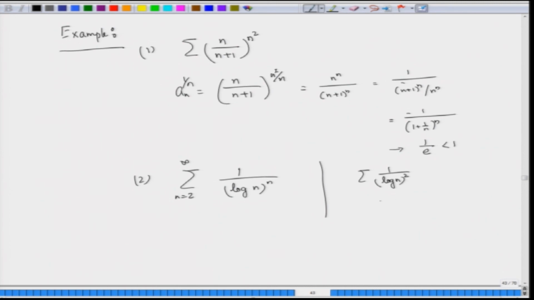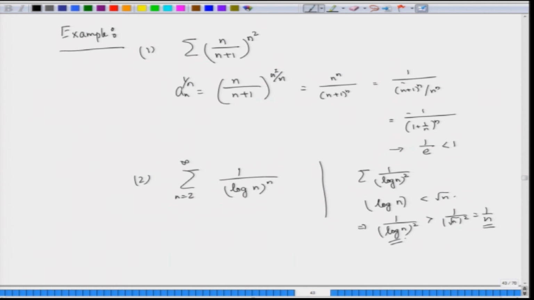As a matter of fact, what we know is that (log n) squared is less than square root of n. Therefore, 1 over (log n) squared is greater than 1 over square root of n, which is divergent. Or you can see log n is less than square root of n, so 1 over log n is greater than 1 over n. This diverges.